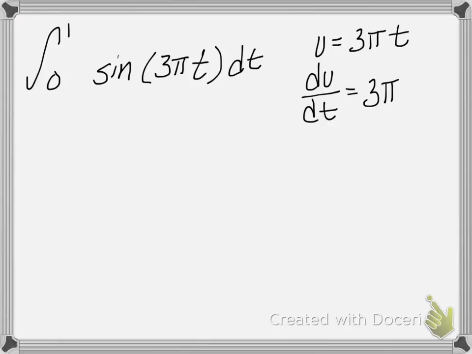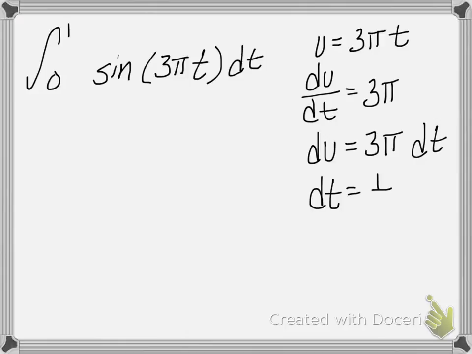We can pull the constant out, then take the derivative of our variable, which is t, and the derivative of that is just 1, so that's why du dt is just equal to 3 pi. So du is going to be 3 pi dt. And so dt is going to be equal to 1 over 3 pi du.